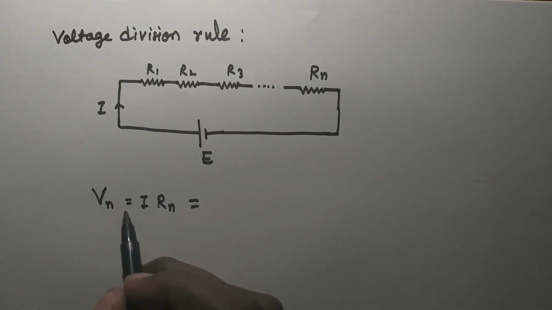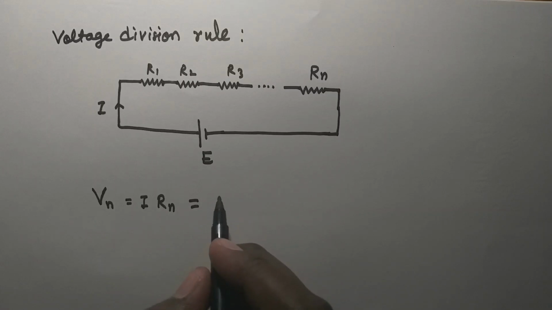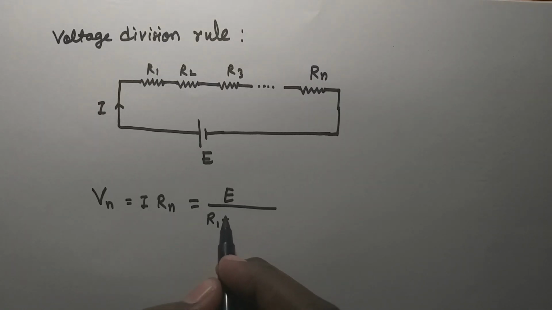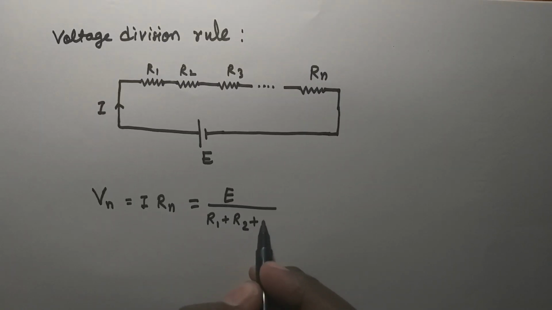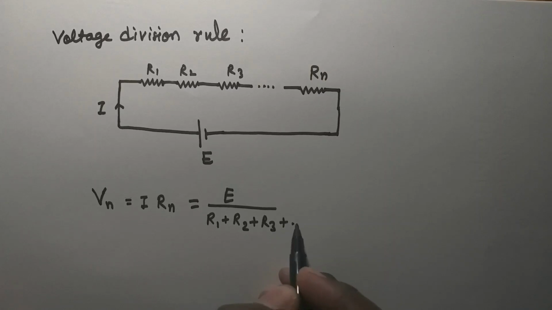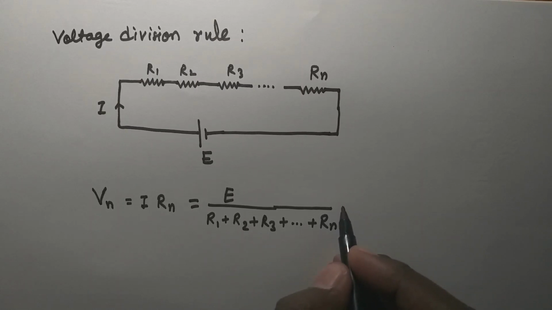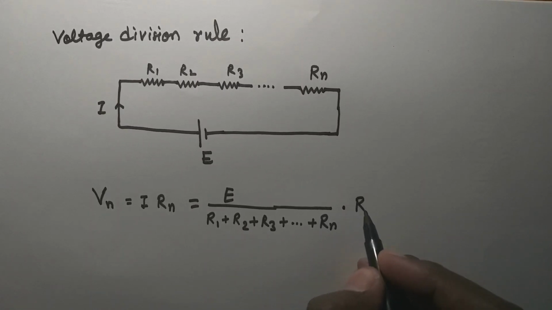So by this rule we get Vn as E upon R1 plus R2 plus R3 up to Rn, meaning the sum of all resistances, into Rn.